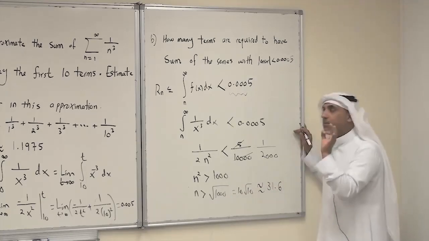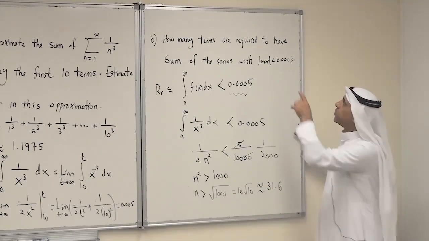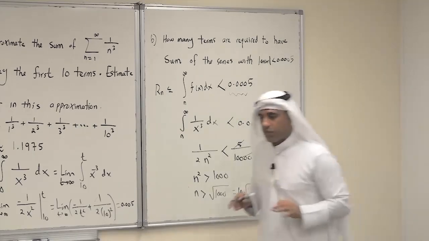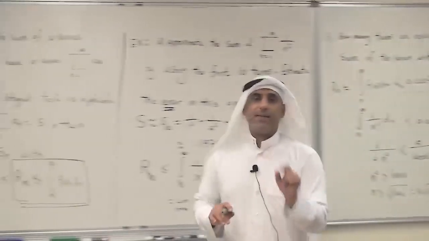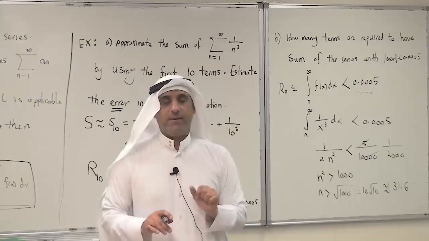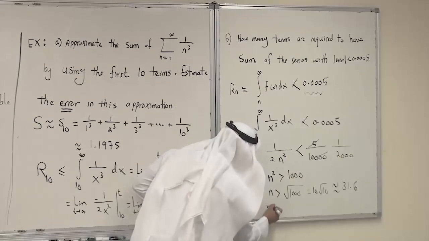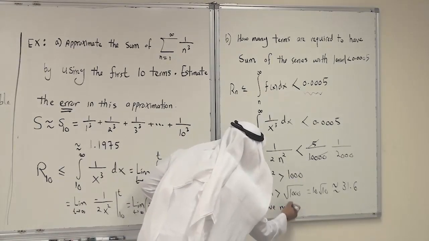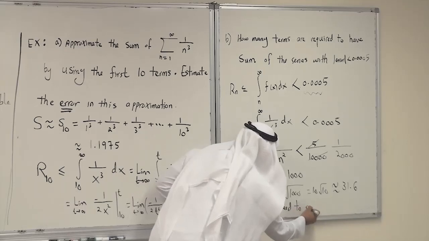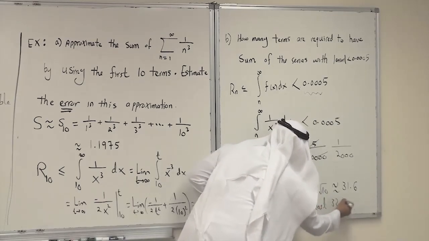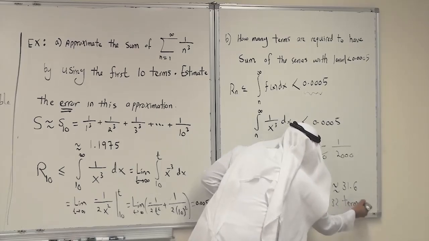So what is the minimum number of terms we need to add so that the sum will be accurate up to that error? It is 32. So we need to add at least 32 terms. That's the answer for the question here.